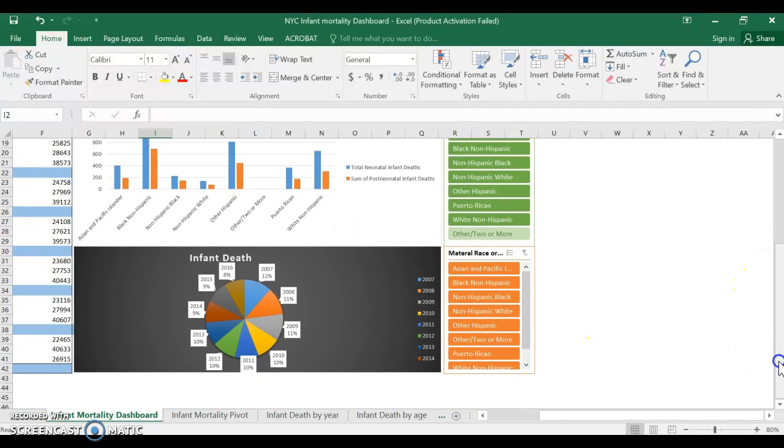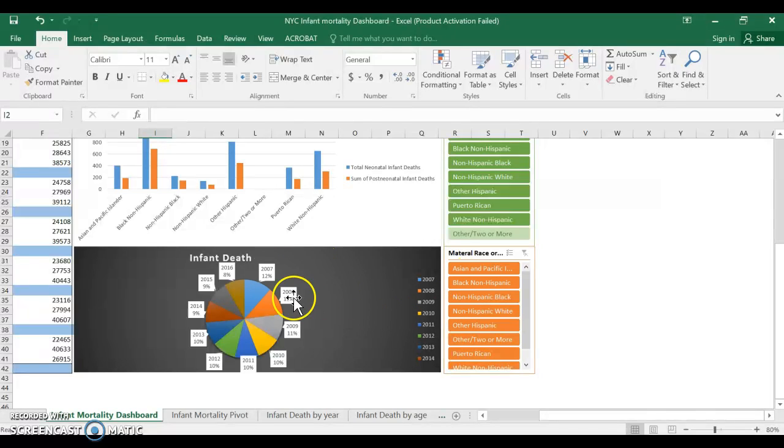Here on the pie chart, I showed the percentage of overall infant deaths that occurred in this 10-year period, by year. If we take a look at this whole picture, we'll see that in 2007 infant death was approximately 12% of the entire infant death population, and it gradually declined, so that by 2016 it was only 8%.